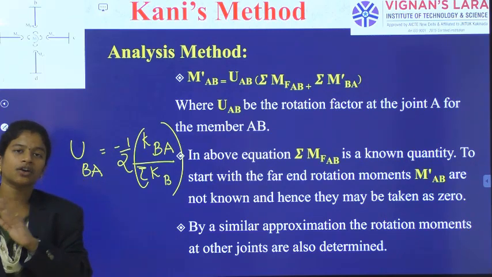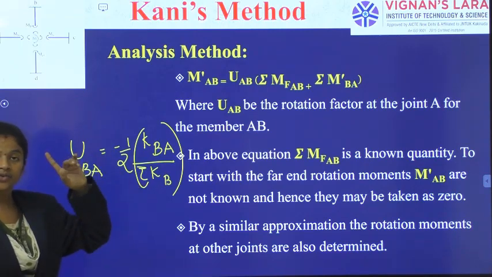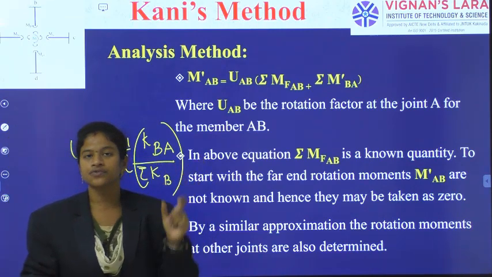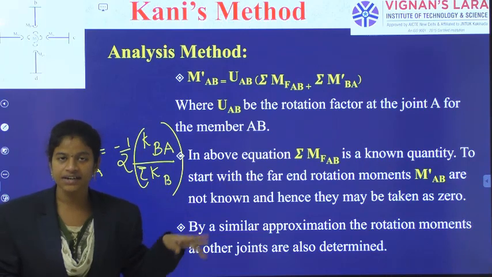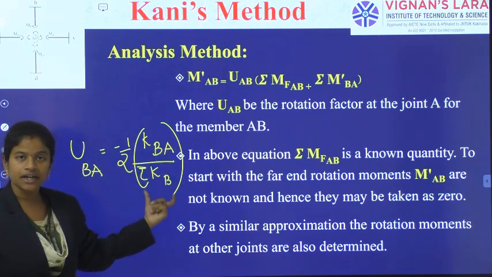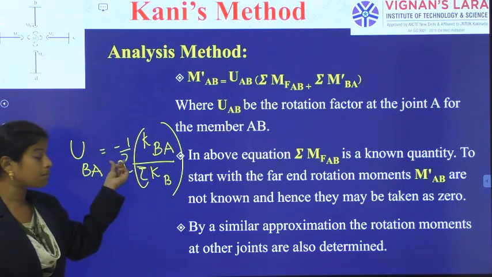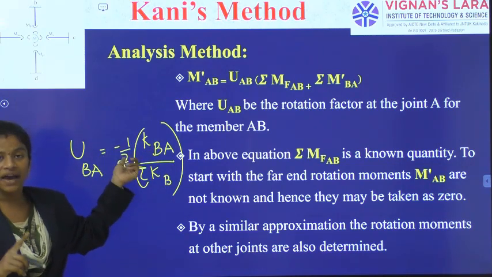Whatever the rotation factor is, the rotation contribution we call for moments, while the rotation factor is the factor itself. In the moment distribution method, the distribution factor comes from the relative stiffness. Here the rotation factor comes from the individual relative stiffness and the total relative stiffness, multiplied by minus half. Don't forget the minus half.